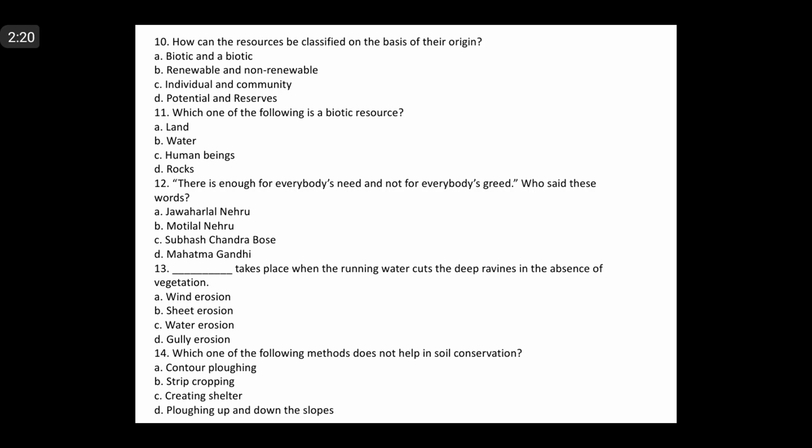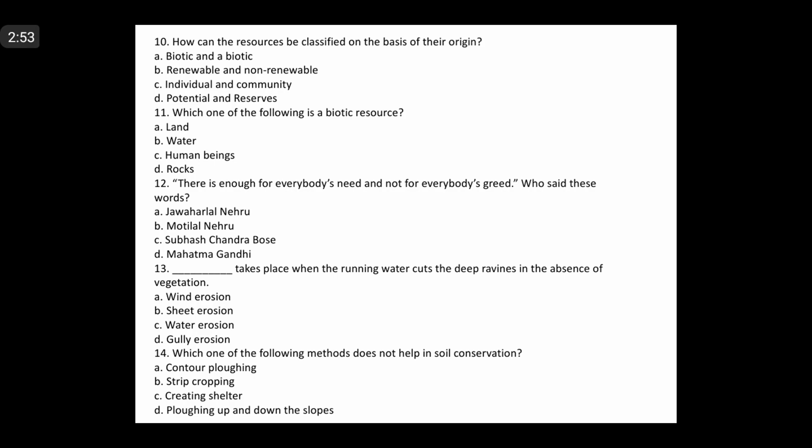Okay. Then the question was, dash takes place when the running water cuts the deep ravines in the absence of vegetation. Yes, we have discussed the different types of erosion. Remember, wind erosion, sheet erosion, water erosion and gully erosion. So what about gully erosion? Gully erosion is responsible for deep cuts on the surface of the earth by running water.